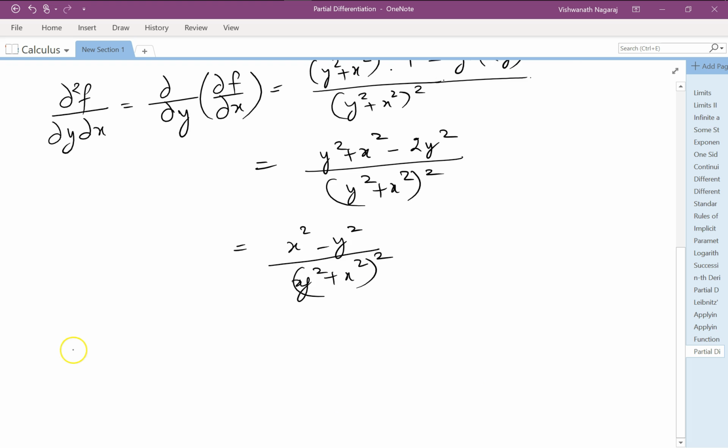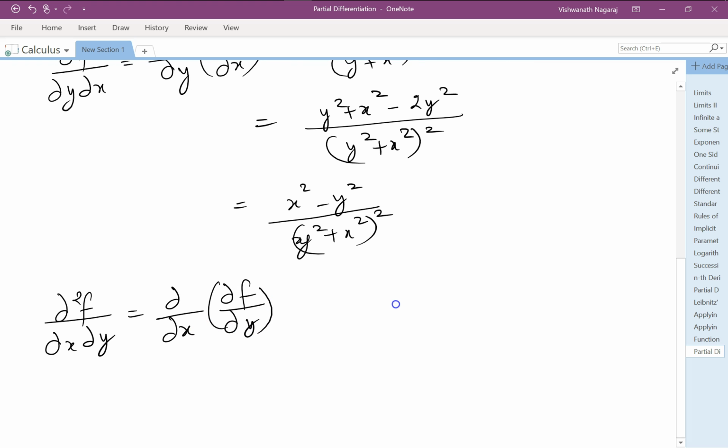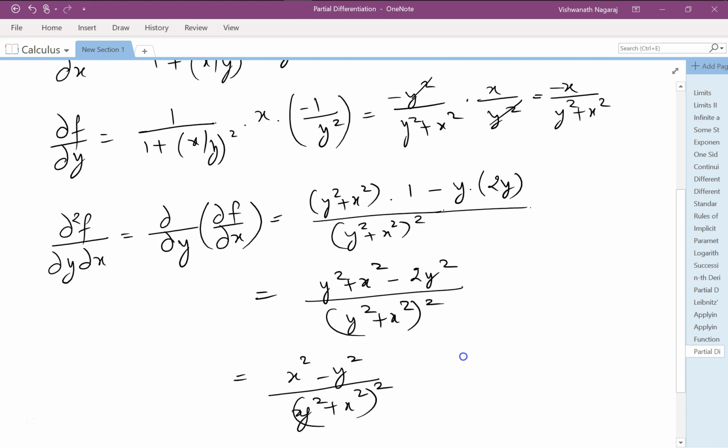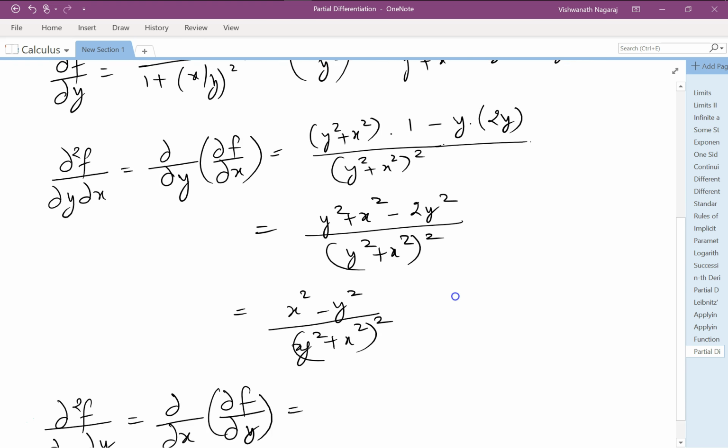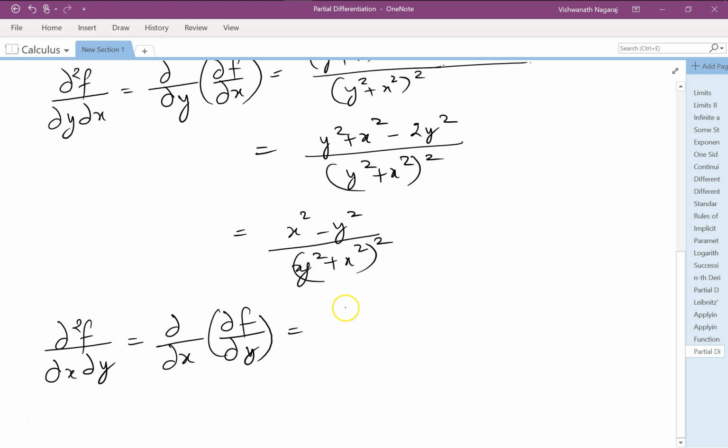Okay, exactly similar to that. The only thing is we differentiate dou f by dou y with respect to x. Let's look at that. That is minus x by x square plus y square.